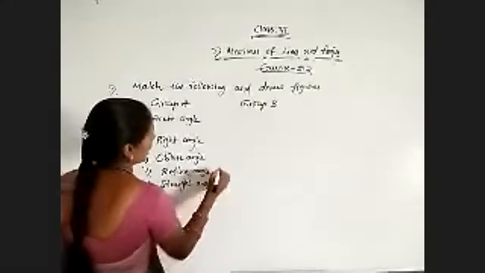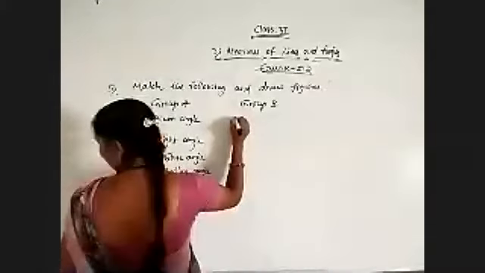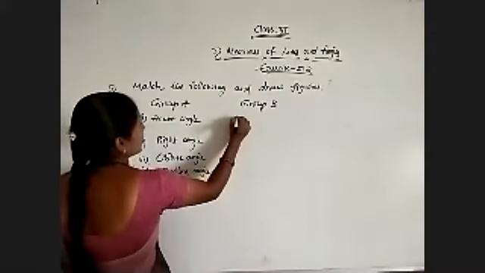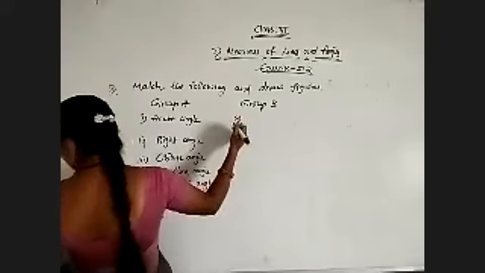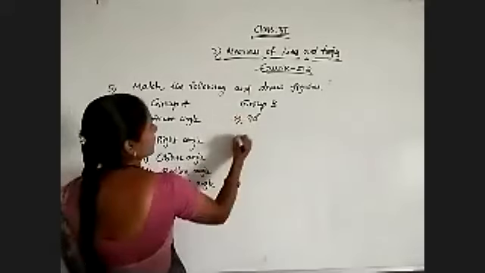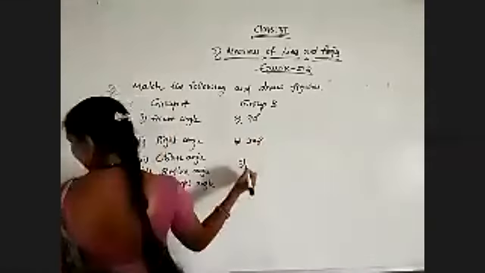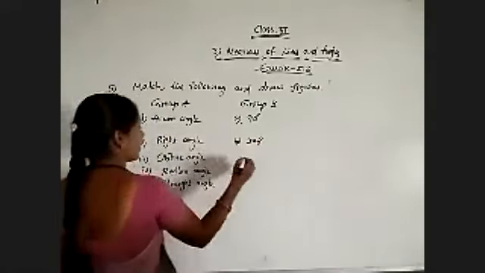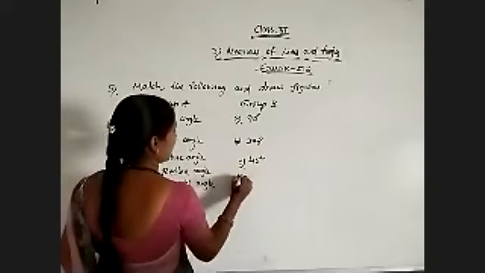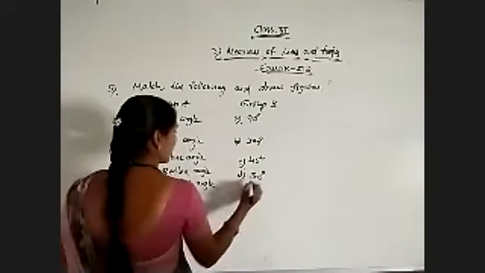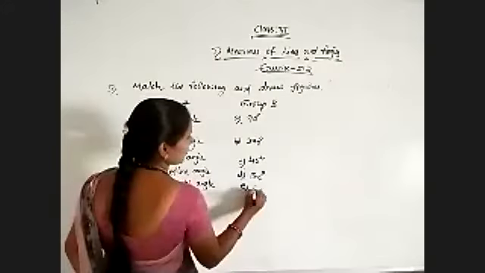And they are given in group B as, okay, I am using the letters. First one is 90 degrees, second one is 270 degrees, third one is 45, fourth one is 180 degrees, fifth one is 150 degrees.